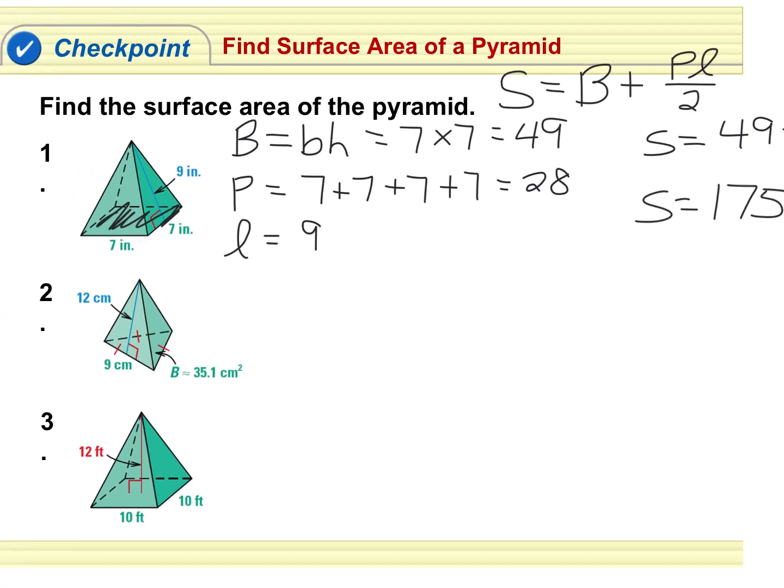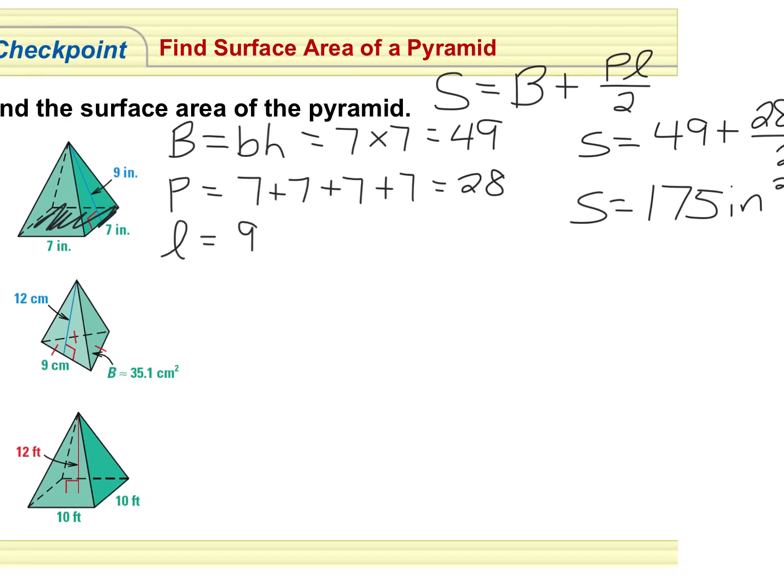Okay, start by finding capital B. What's capital B? Right, what's our base shape? It's a triangle. How do I find the area of a triangle? Base times height divided by 2.